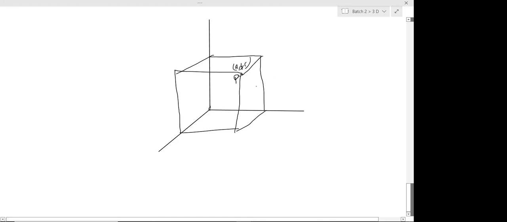Now the second part says, tell the coordinates of the perpendicular from P on the coordinate axis. All right. Just look at the point P and the x-axis. The perpendicular will go something like this, right? The line will be coming like this.